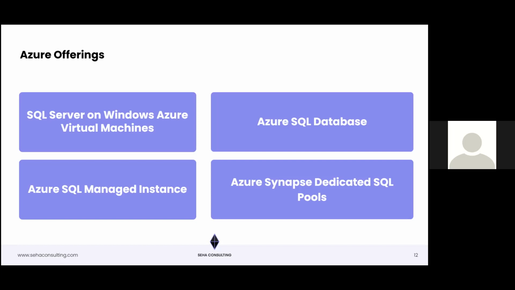And the last one is Azure Synapse dedicated SQL pools, which is a rebranding of the Azure SQL Data Warehouse offering that Microsoft has rebranded to Azure Synapse as dedicated SQL pools. And in what scenario, based on the analytic workloads you have, which option would work best for the analytic scenarios on a typical relational database management system.